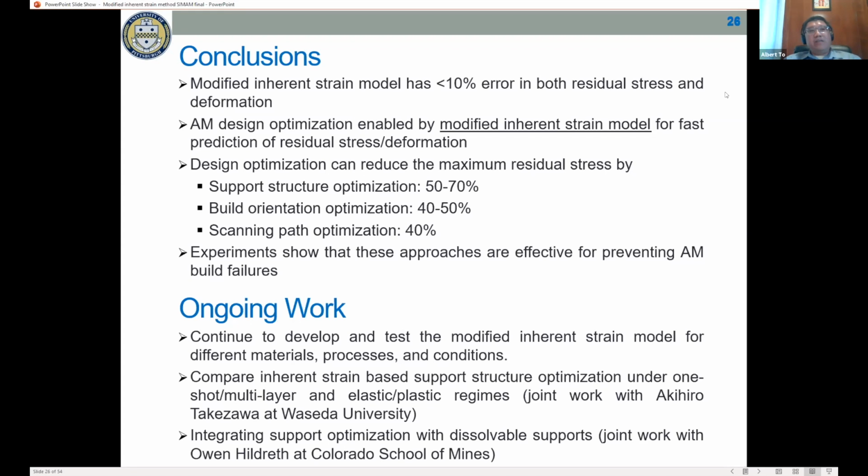Okay, yeah, sure. That's a good question, and we usually consider the intermediate temperature as when the laser heat source just goes past the point of interest where we are calculating the inherent strain.